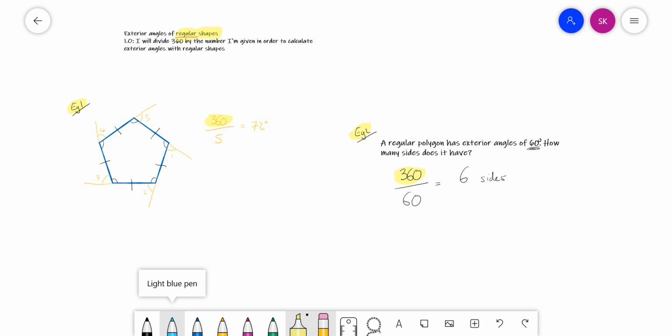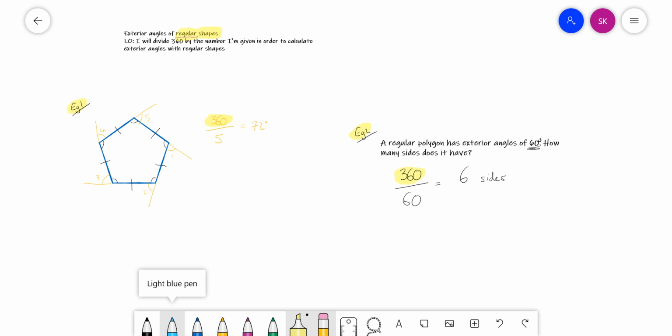Why is it only when we're dealing with regular shapes that we are able to do this? Can you think why? Pause the video if you want a little bit more time to think. The reason is, if all of the sides are the same, which is what regular means, as well as all the angles, then that means all of the exterior angles are going to be the same size.